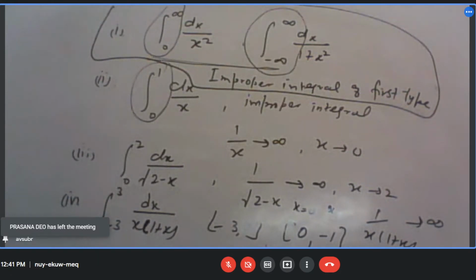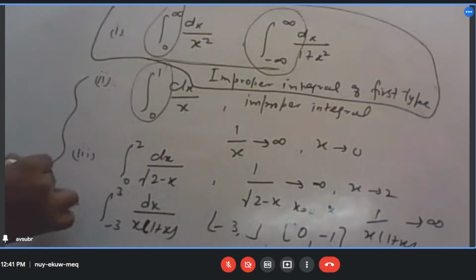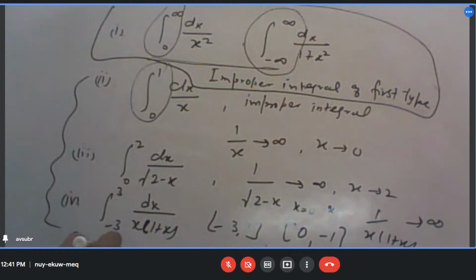And all these integrals are known as improper integral of second type.